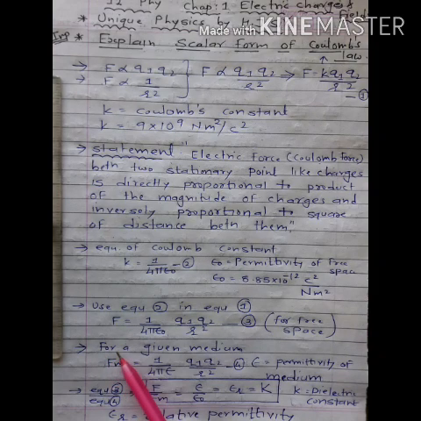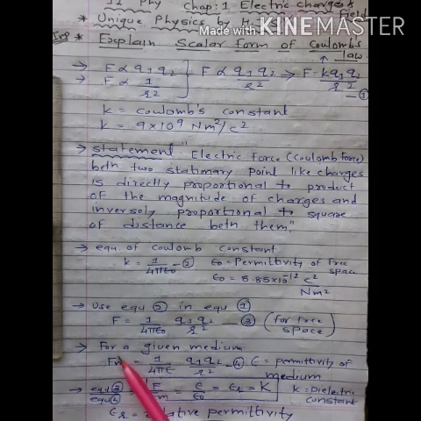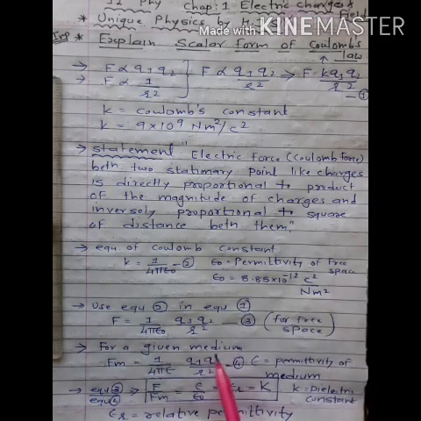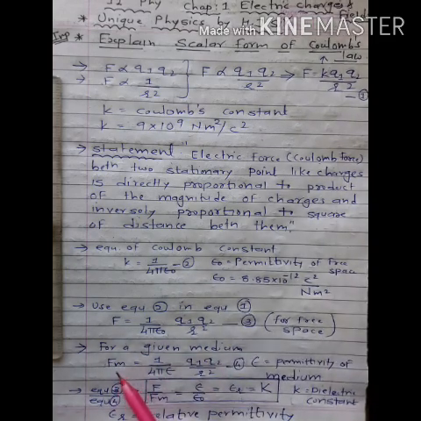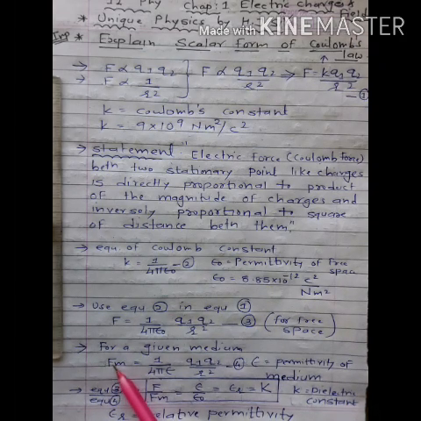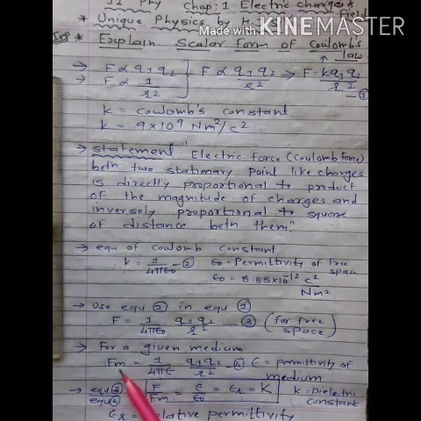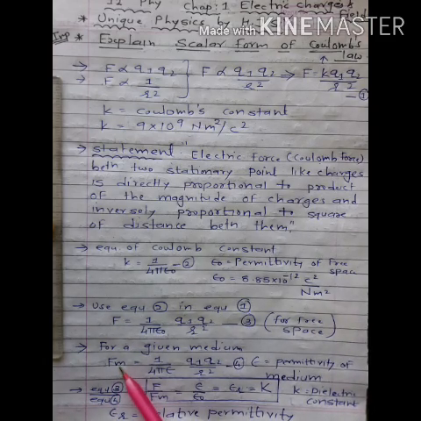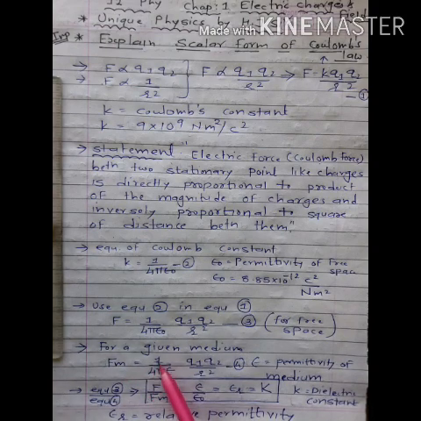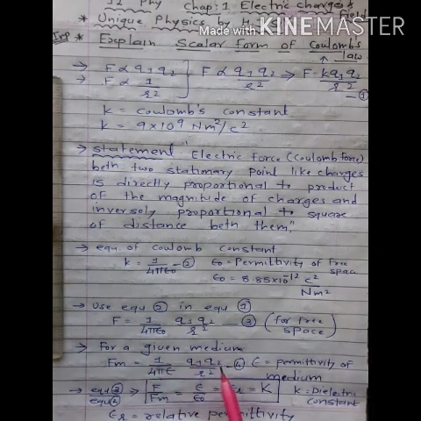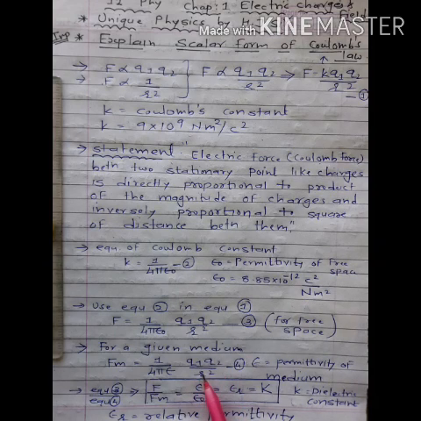Now suppose if we have a medium between two charges, so for a given medium, electric force or Coulomb force is given by Fm. F for force and M is used for medium. So Fm is equals to, we can write this equation as 1 upon 4 pi epsilon into q1 q2 upon r square.